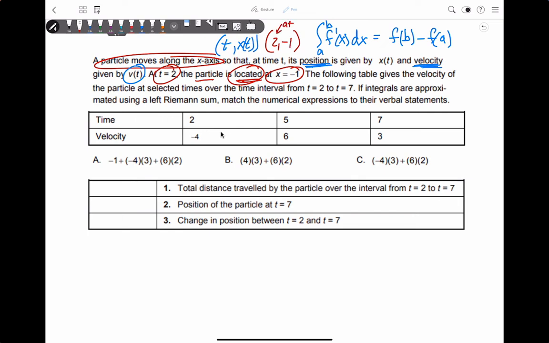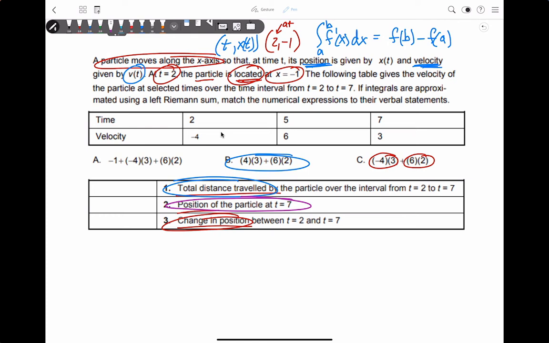And then we're trying to see what is the total distance, what is the position, and what is the change in position. The change in position is going to have negative values as well. That's the change in position, where again, the total distance traveled is all positive values. And then a certain position is going to be what is the displacement.